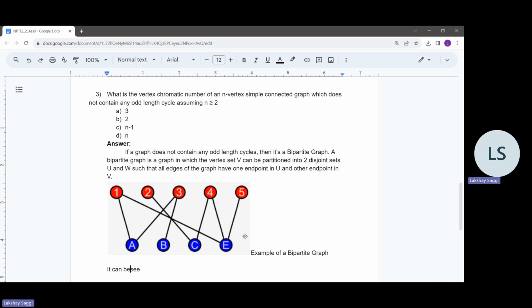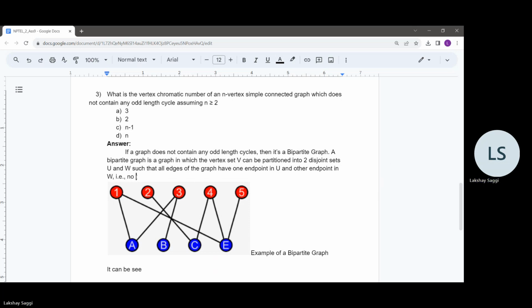It can be seen, maybe here I should first denote the equivalent definition. So all edges of the graph have one endpoint in U and the other in W, sorry. And how does this help us?